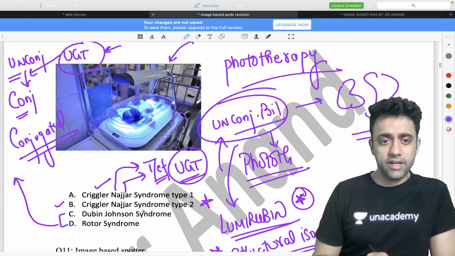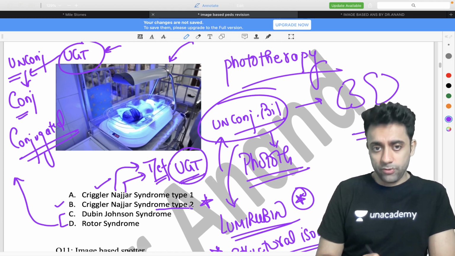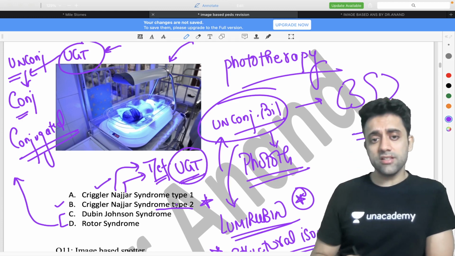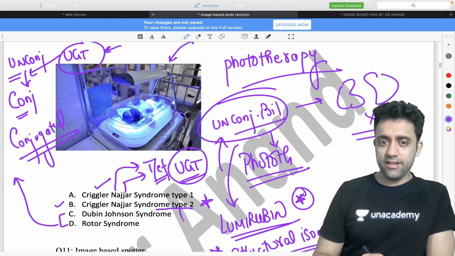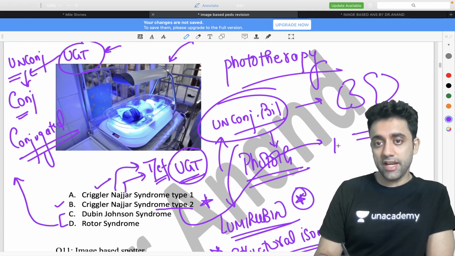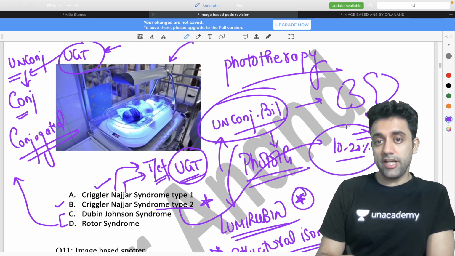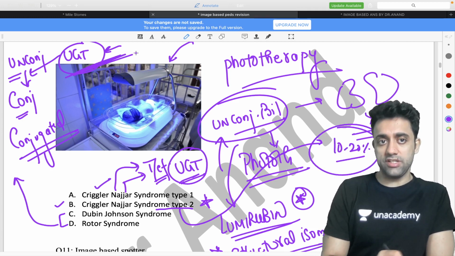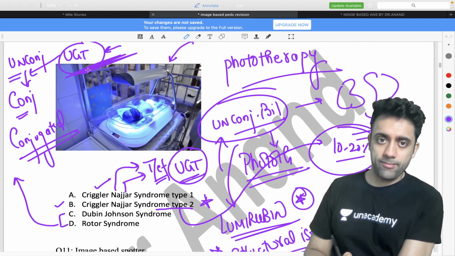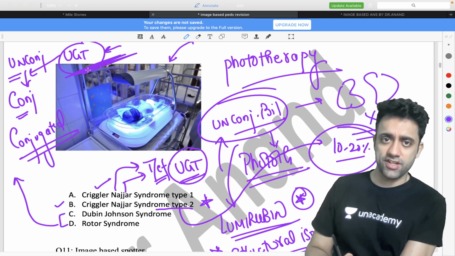Number two, very important, Crigler-Najjar syndrome type 2. What happens? There is 10 to 20% activity of the UGT enzyme. The enzyme is there, deficient, but still there.